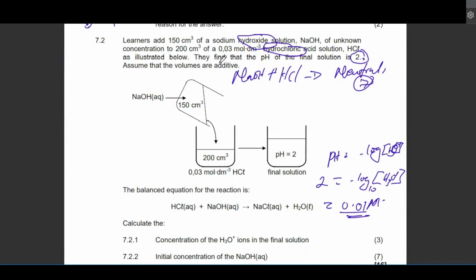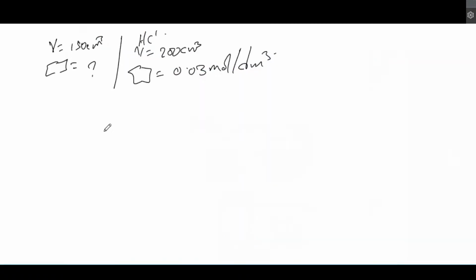So what I am supposed to do, to find this concentration, is I need to know the amount of sodium hydroxide reacted. But I can't find the sodium hydroxide because I have to start with the hydrochloric acid. But the hydrochloric acid is in excess. I need to find out how much hydrochloric acid reacted.